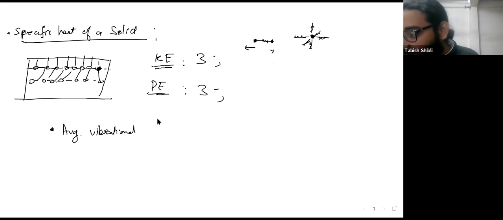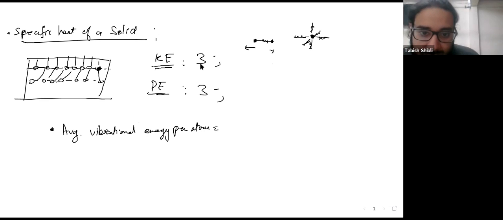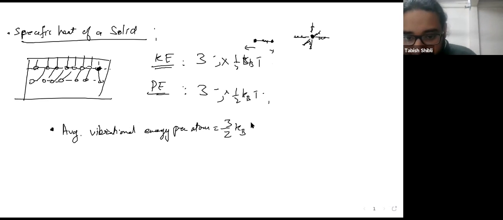So, what is the total average vibrational energy per atom? Well, this is 3/2, half kBT, and this is 3 into half kBT. So that's essentially 3/2 kBT plus 3/2 kBT, which is 3 kBT.